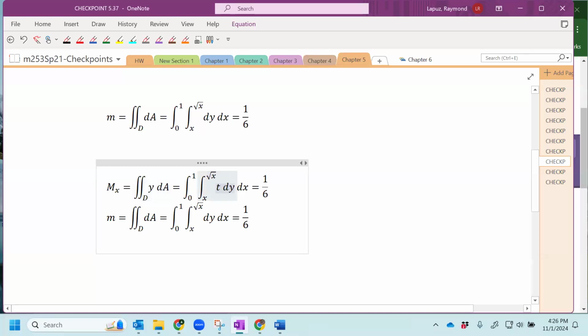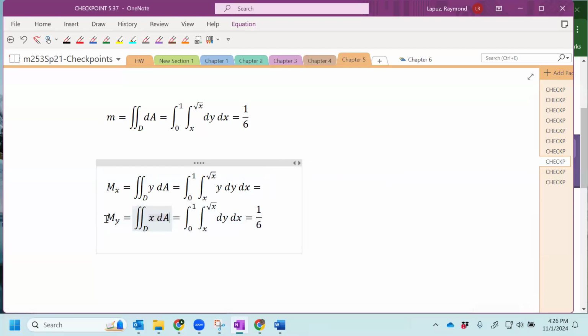So this is our y function, and then we need to figure out what this is. It's probably not going to be 1/6. And then My will be the same thing, except we'll have an x in it. So let's throw an x in here. Again, probably not going to be 1/6, but we'll check it out.